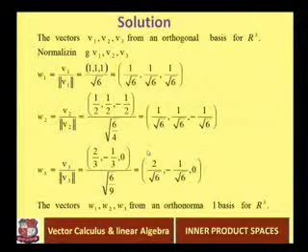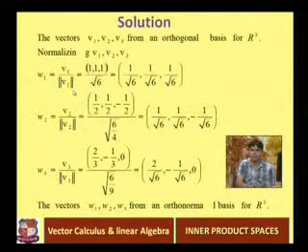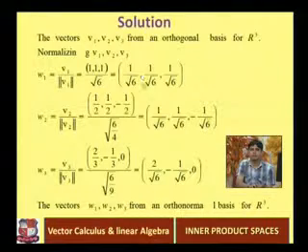For the orthonormal set, we convert this v1, v2, v3 into orthonormal vectors by the normalizing process in this fashion. W1 is equal to v1 upon norm of v1, that is (1 upon root 6, 1 upon root 6, 1 upon root 6). W2 is equal to v2 upon norm of v2, that is (1 upon root 6, 1 upon root 6, 1 upon root 6).